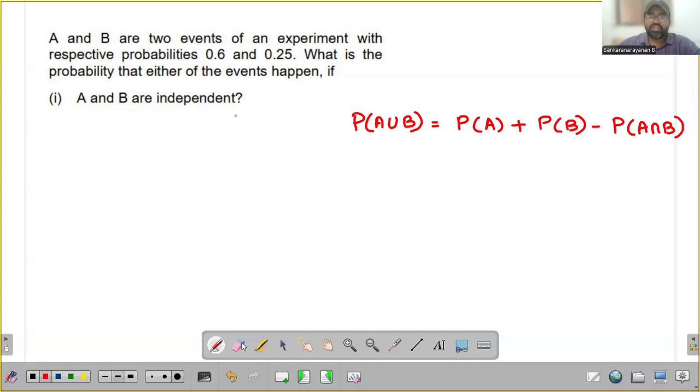And here in the question, it is explicitly given that these two events, event A and event B, are independent.